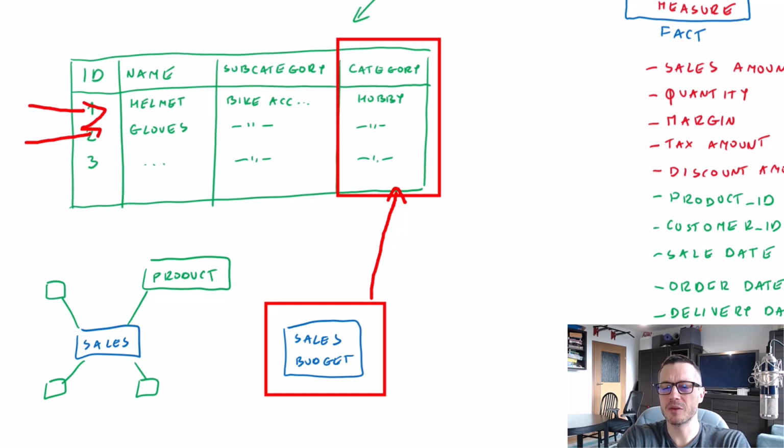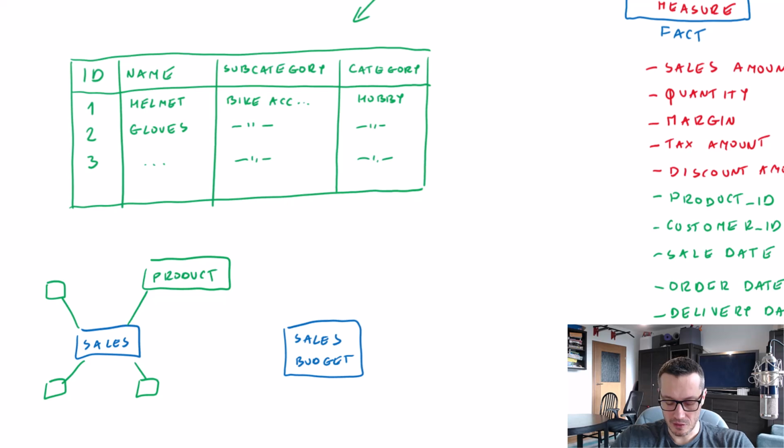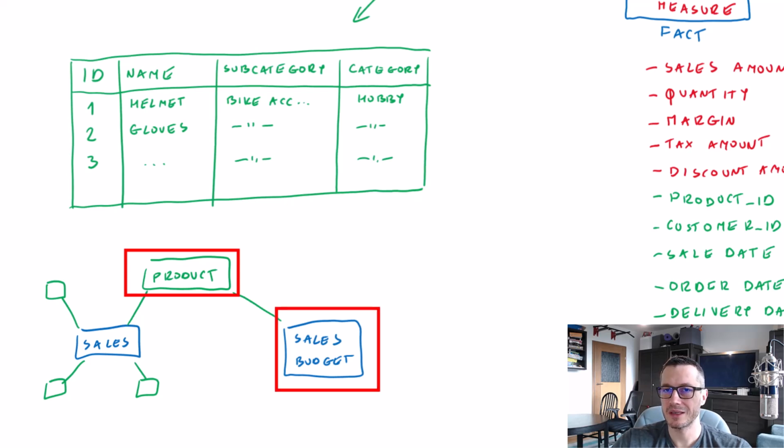No, it's too granular. They operate on different levels. So if we would like to now connect this sales budget with our product, then we got an issue, because this product operates on a different level of granularity than our sales budget.